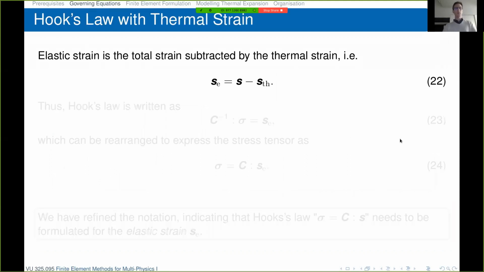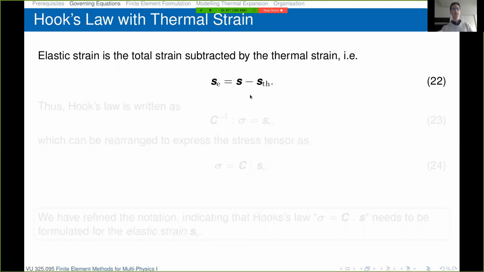So let's formulate Hooke's law, including thermal strain. So first of all, we have to know that the elastic strain is the total strain subtracted by the thermal strain. So now we are a bit more precise in our notation. S^E is our elastic strain, and S, as we had it before, was the total strain.